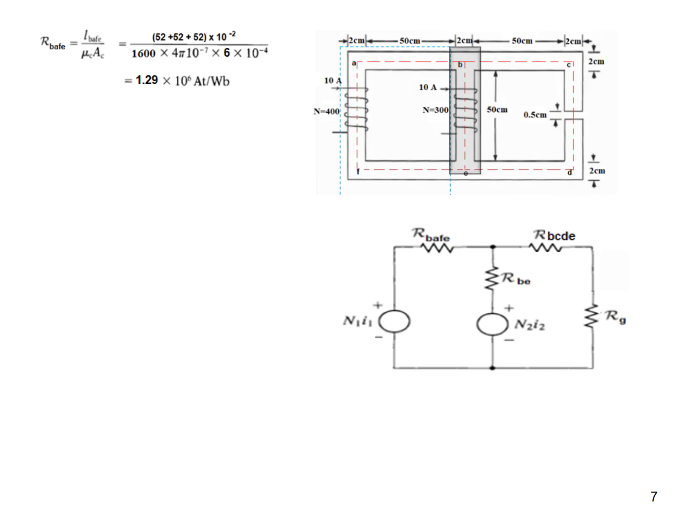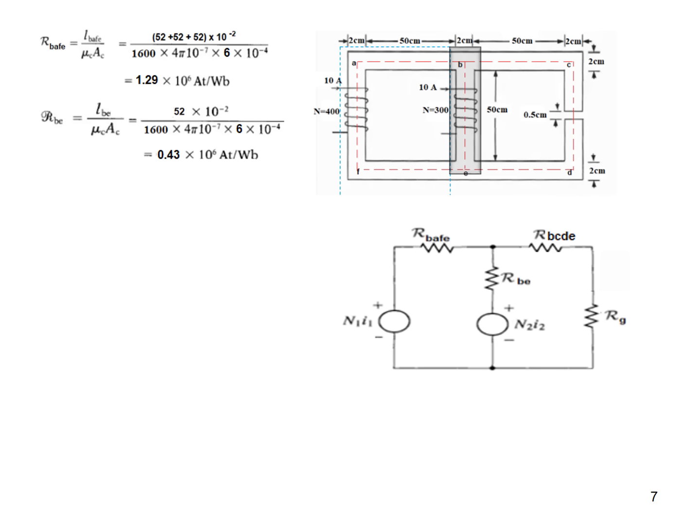Then we're taking half of 2 centimeters, so 1 here, and half of 2 centimeters, so 1 here. So it is 52 this way, 52 this way, and 52 this way. So 52 plus 52 plus 52, and we convert centimeter into meter by multiplying by 10 raised to the power minus 2, and then putting the value of mu C and AC, area of cross section, we get this answer 1.29 10 raised to the power 6. Now let's find out RBE.